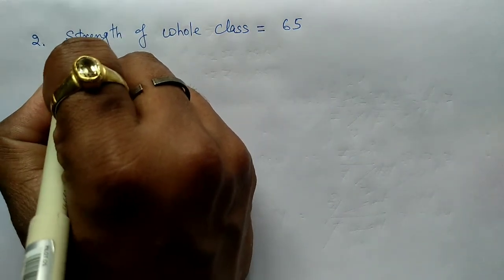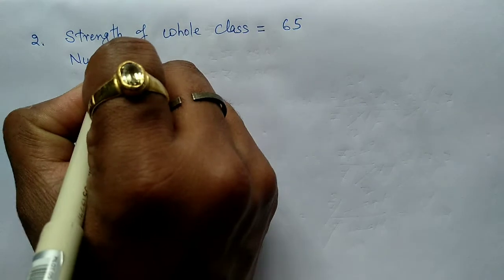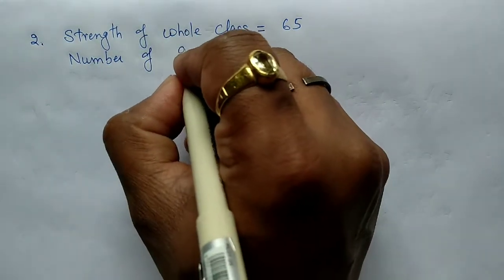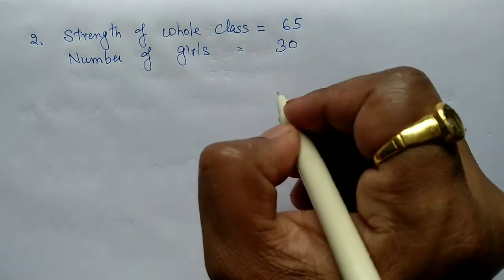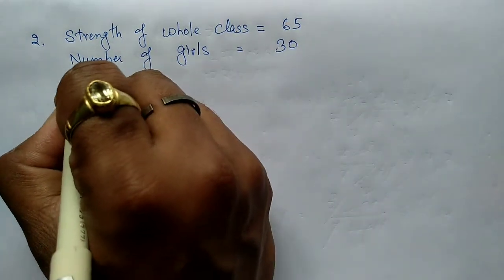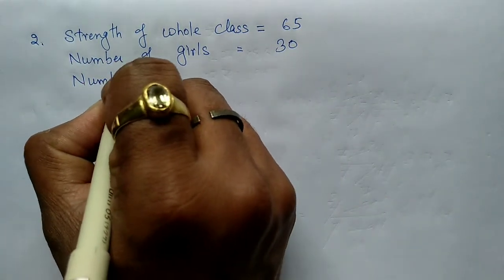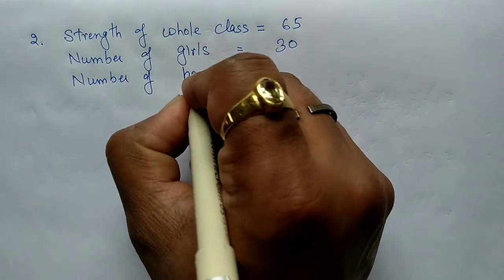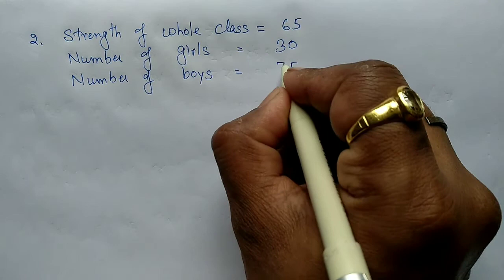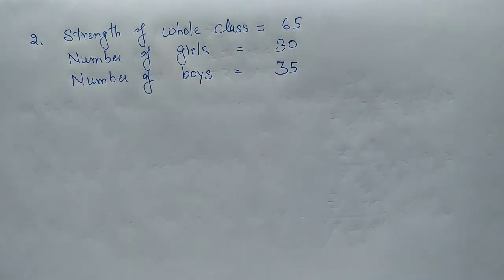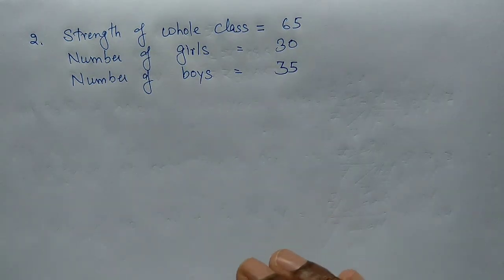Then number of girls is equal to 30. Therefore, number of boys will be equal to 35. I need to subtract these two, right? I hope it is clear till here.